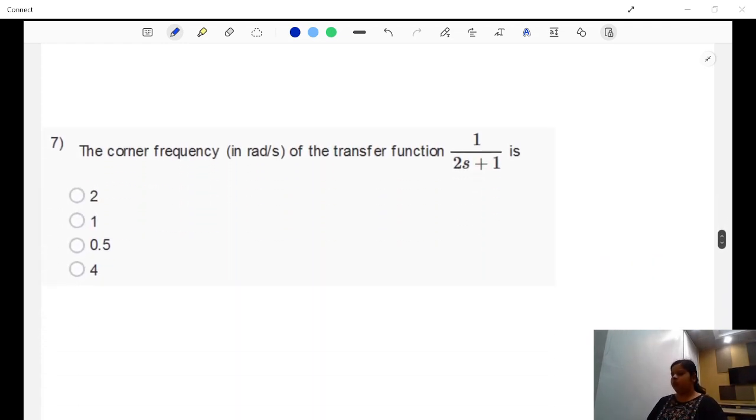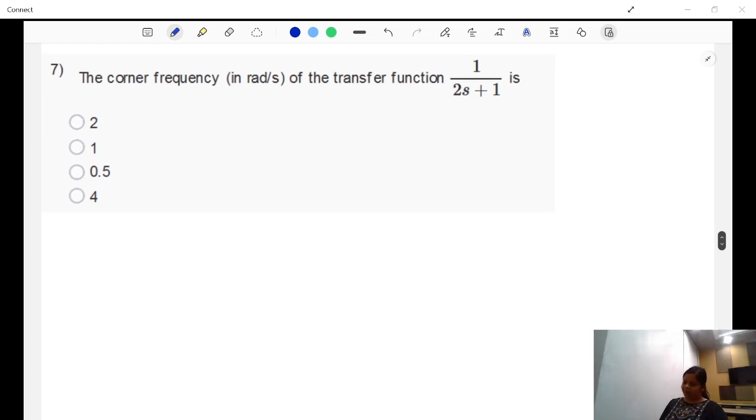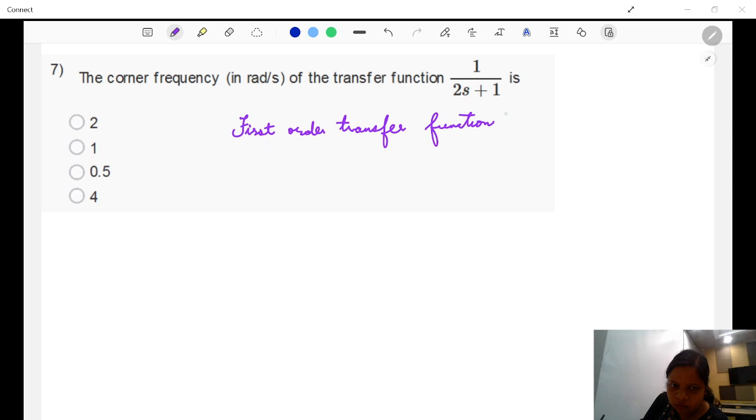Okay. Now we will have another transfer function and we want to find out what is the corner frequency here. So you can compare it with the first order transfer function. Right? So T here is 2 when you compare.